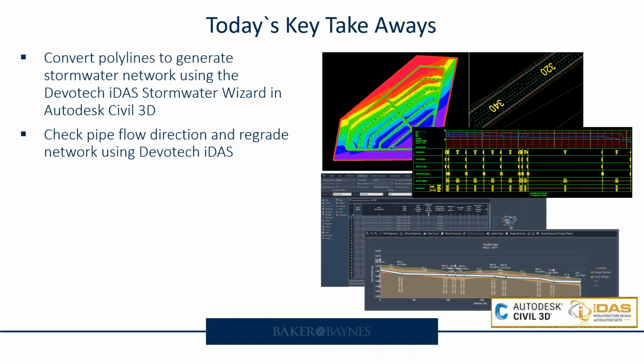You could also set your match location, whether you want it at the crown or invert, and so on. Check your slopes, hit OK, and then we created our pipe network that not only was intelligently graded, but was all channeled towards our outfall location. That is quite a time saver right there.